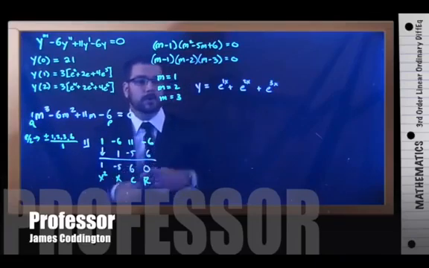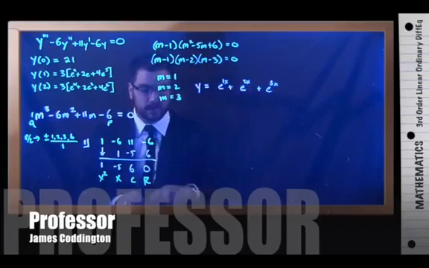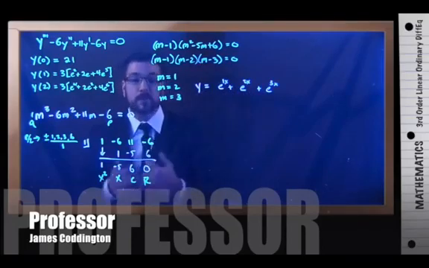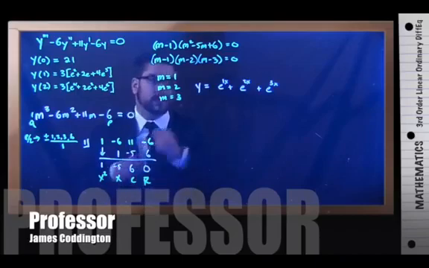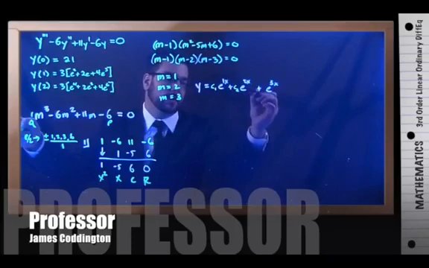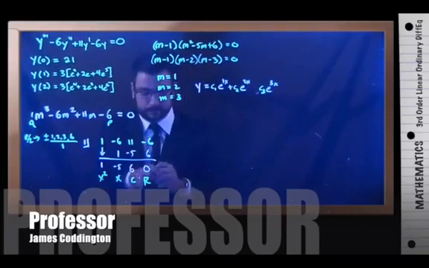So, solution 1 goes here, solution 2 goes here, solution 3 goes there. But this is the general solution, which means we don't know those constants. So this is C1, C2, and let me get some space over here. This will be C3.